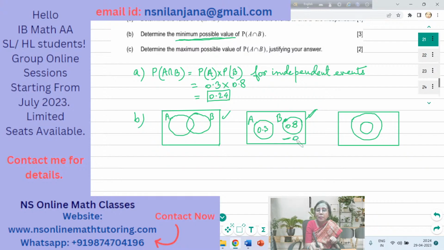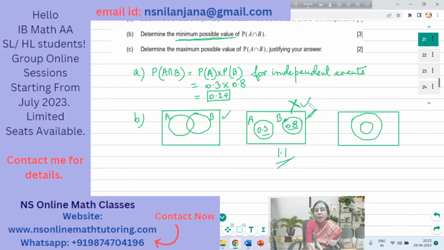It can be 0, it can be any other non-zero number, but even if we take this part equal to 0, the sum total of all the probabilities should be equal to 1. So 0.3 plus 0.8 should be equal to 1, but it is not equal to 1, it is 1.1. So this condition cannot be taken.